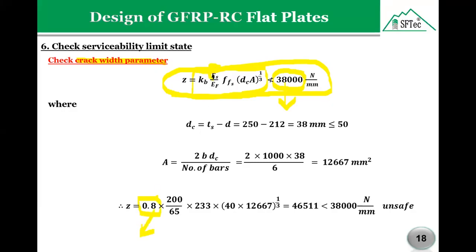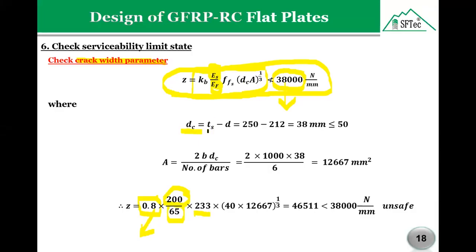Here ES and here EF. ES is the elastic modulus of the steel, and EF is the elastic modulus of FRP, so here is 200 over 65. FFS is the stress under full service loads, so the stress from the previous calculations equals 133.